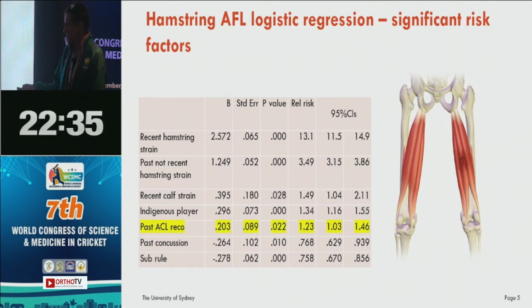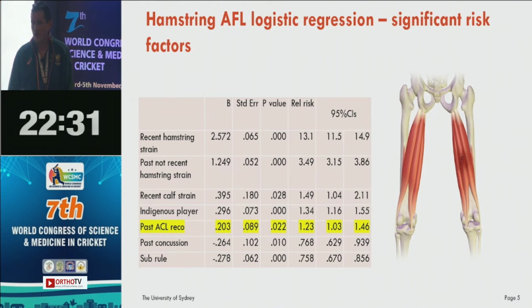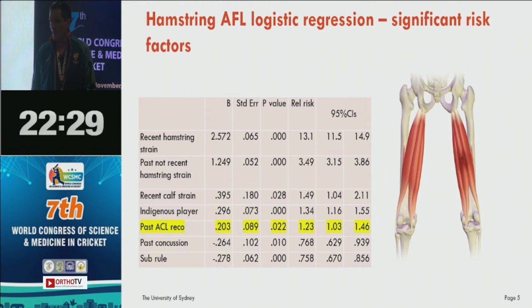If you're an Indigenous player, and in Aussie rules the Indigenous players are very good, they make up about 12% of the Aussie rules competition. They're only 3.5% of the Australian population. They're overrepresented because they're excellent at the sport, because they're very fast, speed-orientated players that often will burn off other players with their pace, but it does make them a bit more susceptible to hamstring strains.